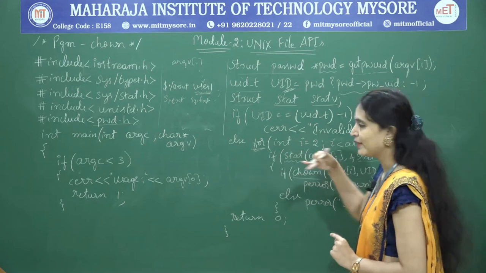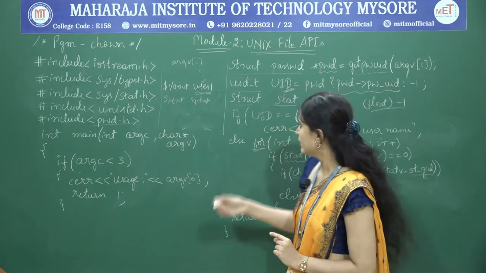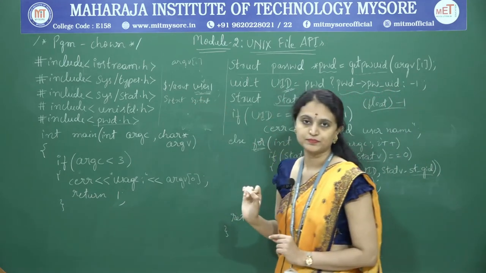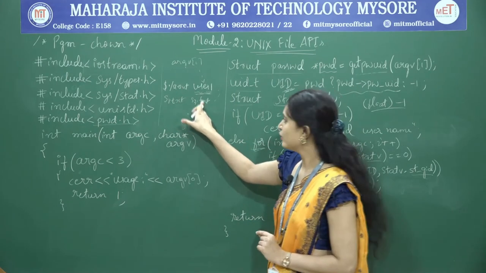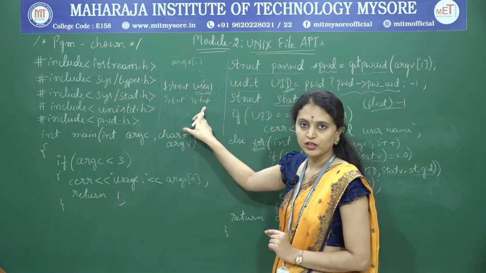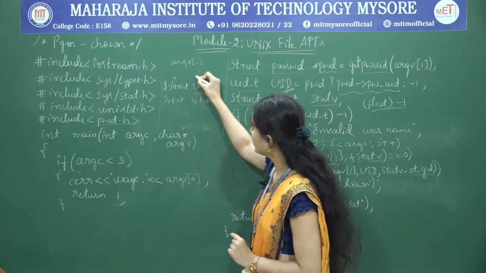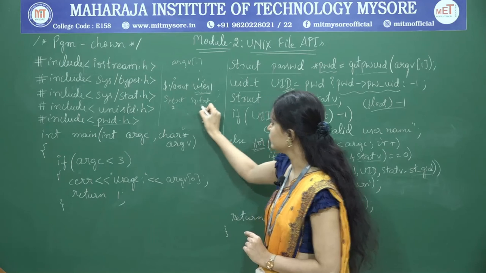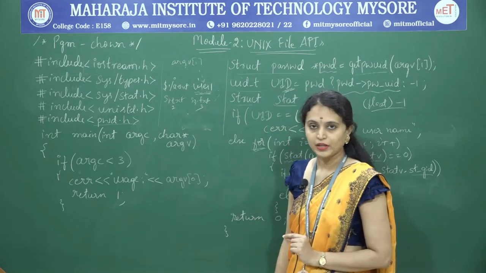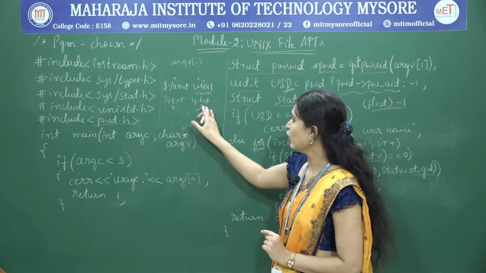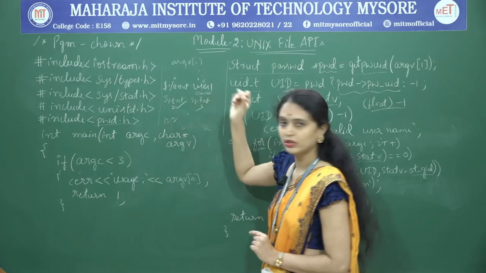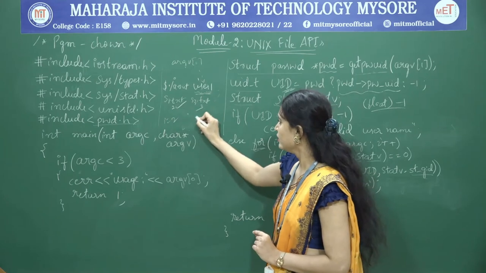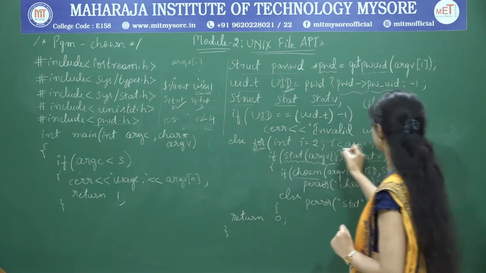So, how many times do we have to repeat? Till the argument count. Here we have 1, 2, 3, 4, so the argument count is 4. The argument vector indices are 0, 1, 2, and 3. So, what should I do? I equals 2, starting from here till I less than 4.